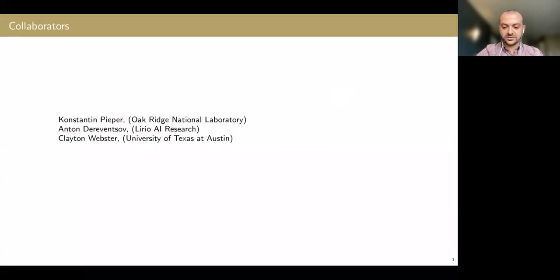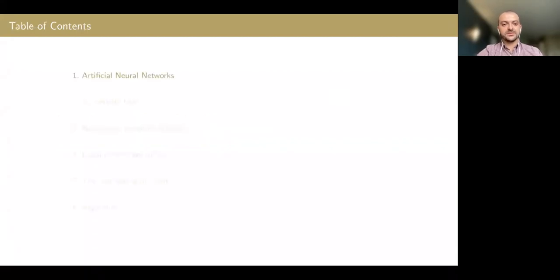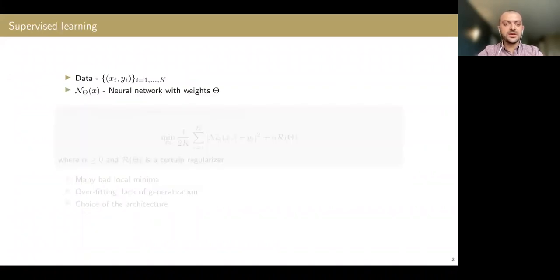Currently I'm at Georgia Tech, but like I said, the work was mostly done in collaboration with Oak Ridge people. So before I begin talking about my results, I'll give an introduction on what our setting is and what we are trying to do.